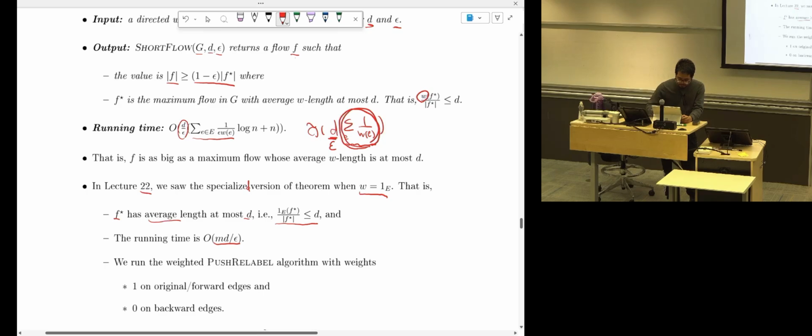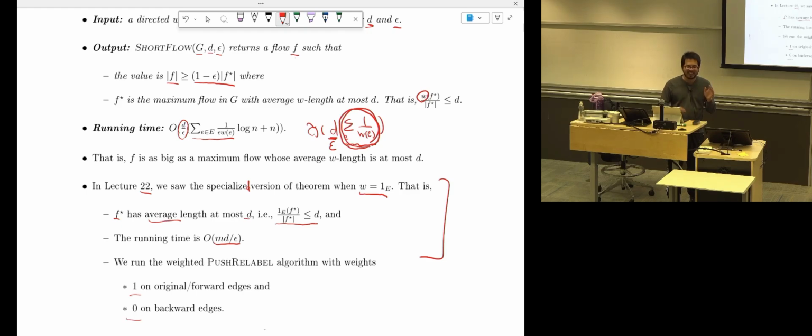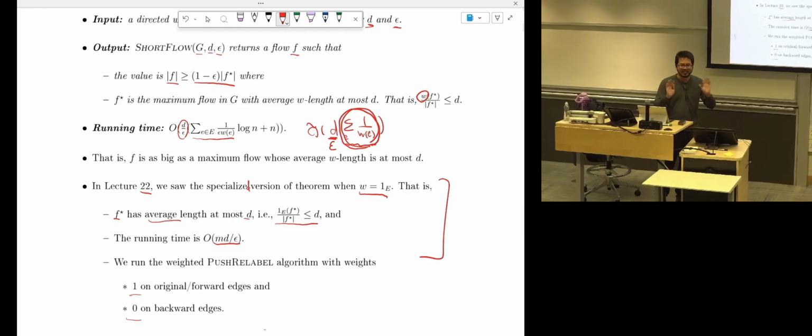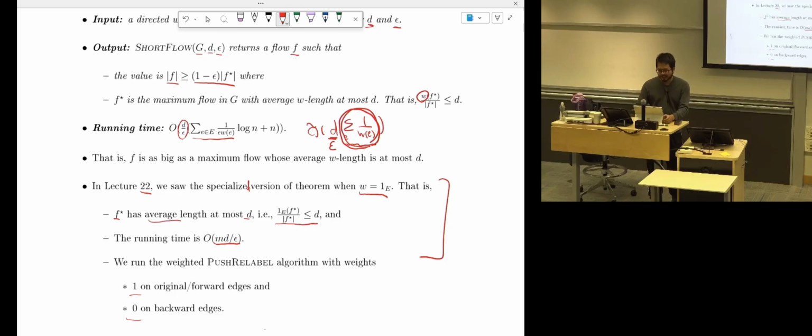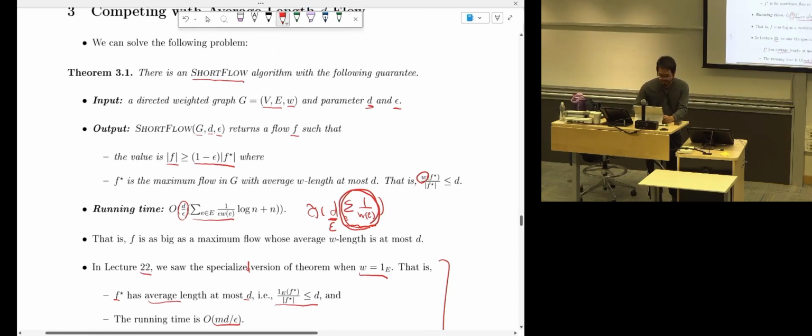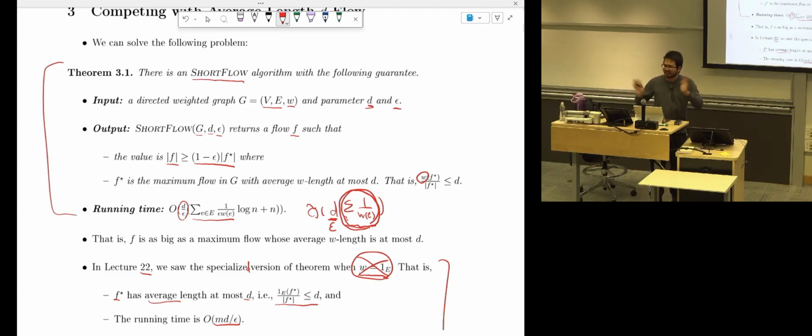this one is the algorithm that, if you remember, sets the weight on original edges to be 1 and the weight on backward edges to be 0, and that works. We can make it work for the case when the weights are not just all 1 too. Okay. So it's kind of believable that you can do it.